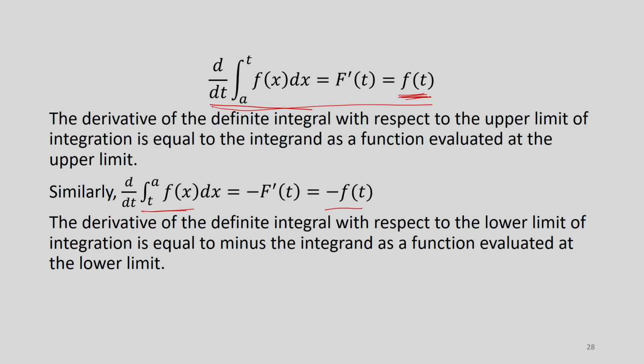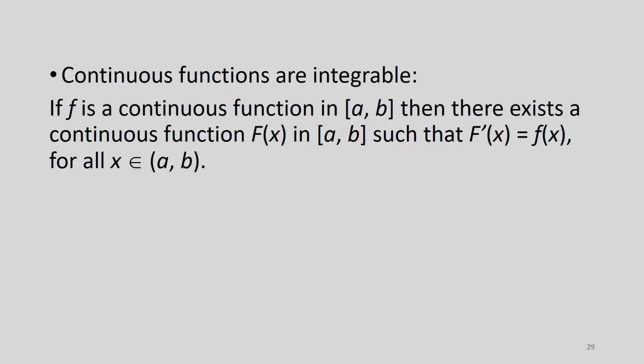The derivative of the definite integral with respect to the lower limit of integration is equal to minus the integrand as a function evaluated at the lower limit. These two properties might be used in some exercises.